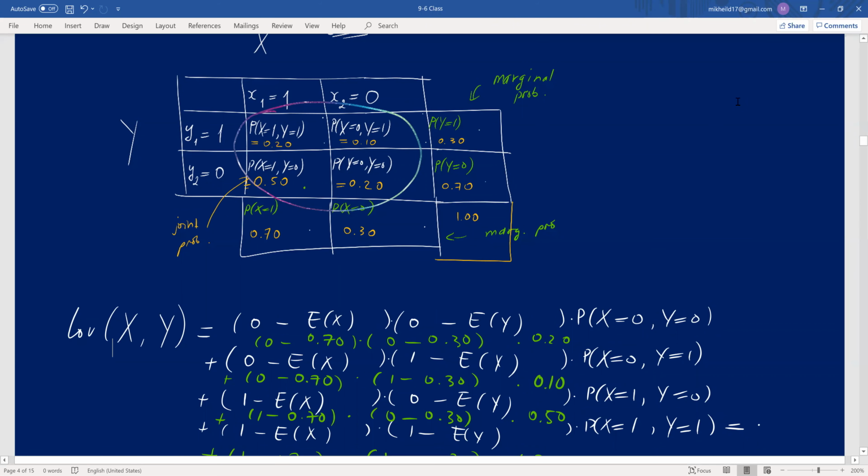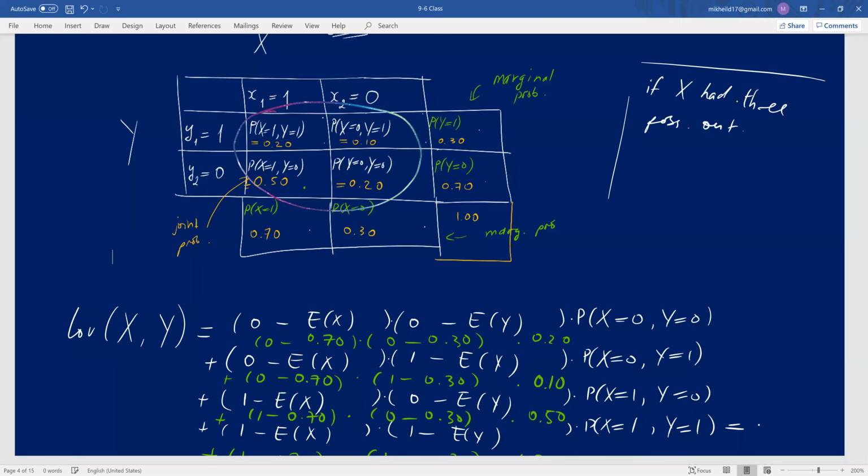If x had 3 possible outcomes and y had only 2, how many joint probabilities would you have? 6.